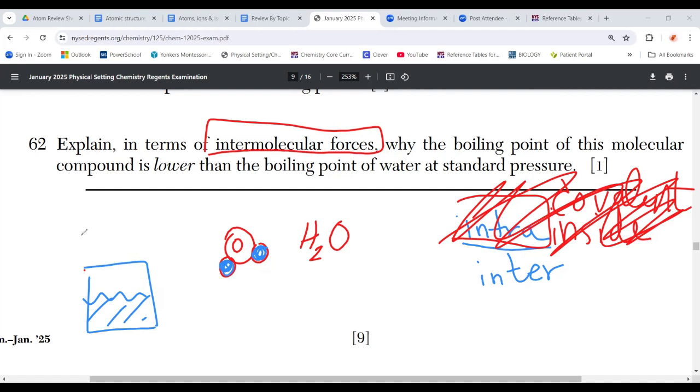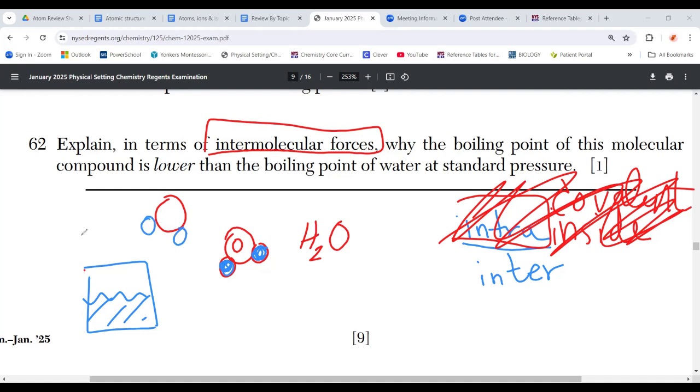This is an intermolecular force. Okay. Intermolecular forces are forces that are between molecules. So I'm going to draw another water molecule here. Oh, I should have done this on paint, so I could have just copied it and it takes so much time. Sorry, guys. All right.